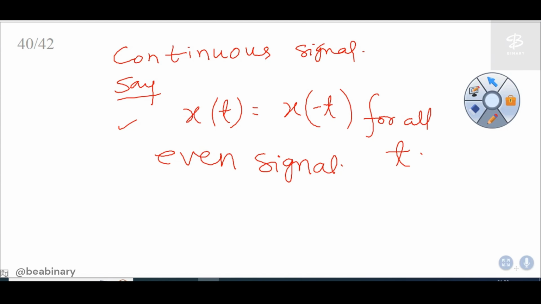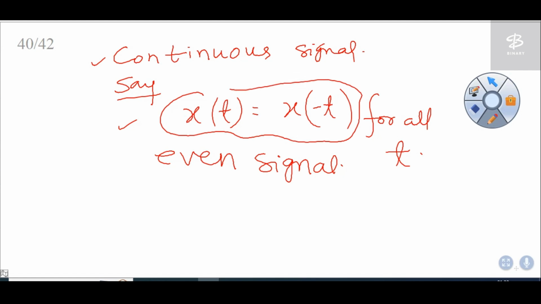Whenever you want to determine whether a continuous or discrete signal is an even signal or not, you have to check whether it satisfies this condition: x of t is equal to x of minus t. This is the case for the continuous signal. If I have a discrete signal, I can determine whether it is even or odd.